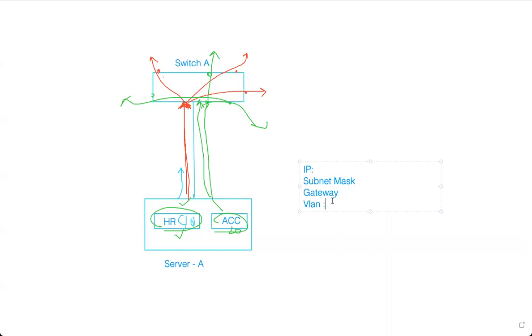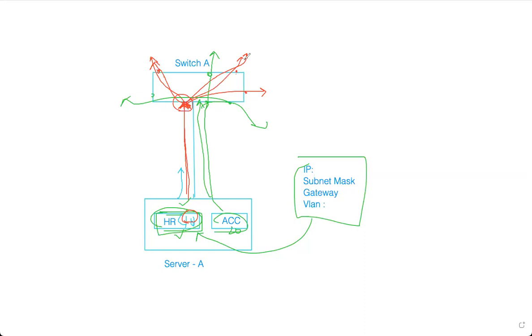I'm going to give these details to the server team, and when they're building their HR machine, they will use this information to build that VM. So automatically, when they send the traffic, I know that the traffic is coming with the VLAN tag of VLAN 10, and I'm going to forward that to all the HR ports.